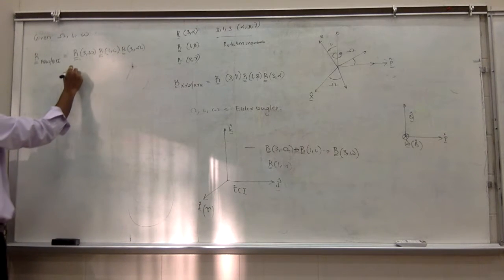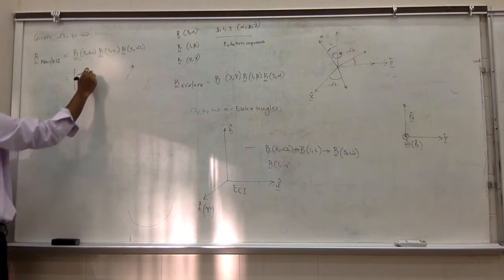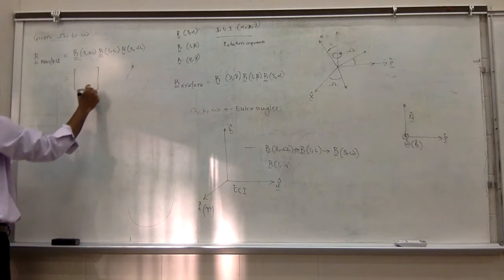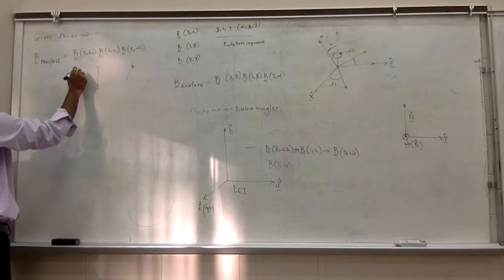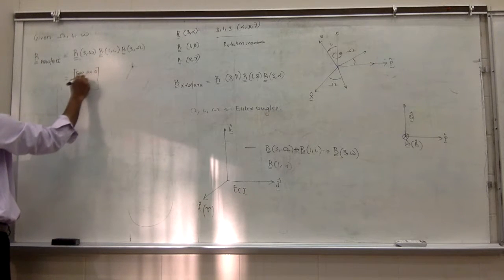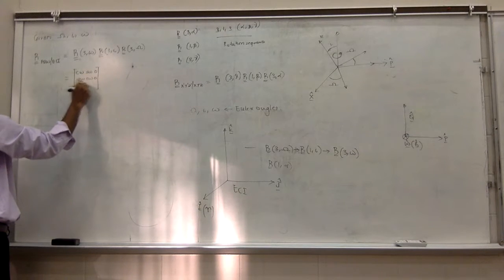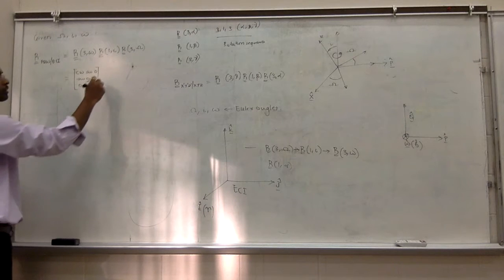And if I write this in matrix form, because it's backwards, that's cosine omega, sine omega, 0; minus sine omega, cosine omega, 0; 0, 0, 1.